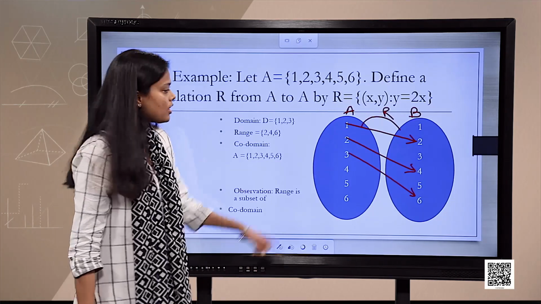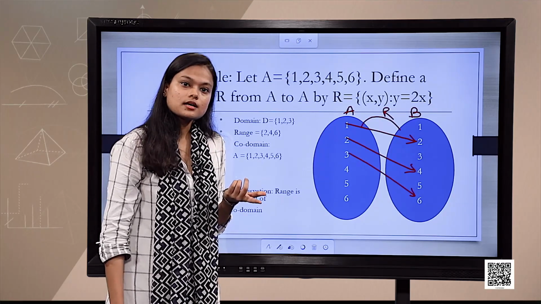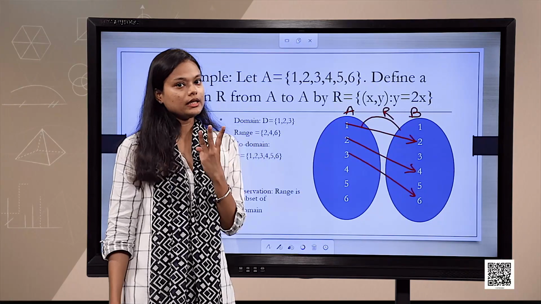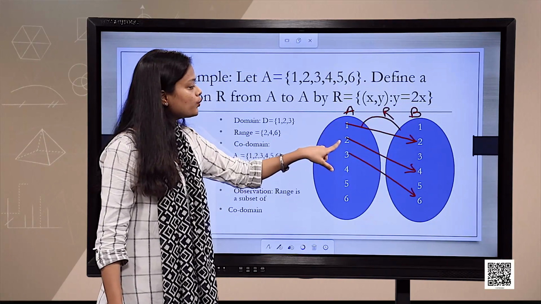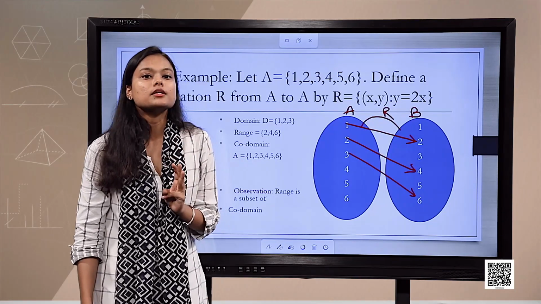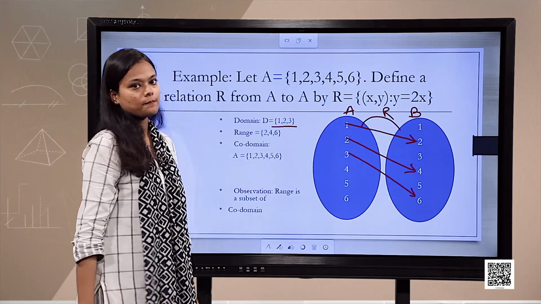Now, domain. What is the domain? How many elements have an image in the set B? Only 3. That is 1, 2 and 3. So, domain will have 3 elements and they are 1, 2 and 3.